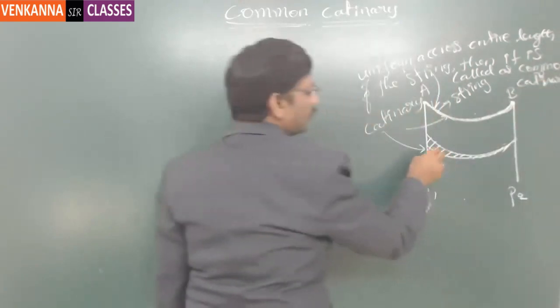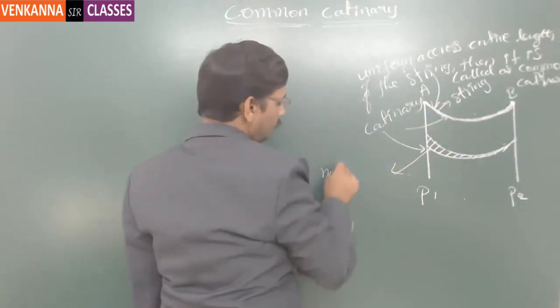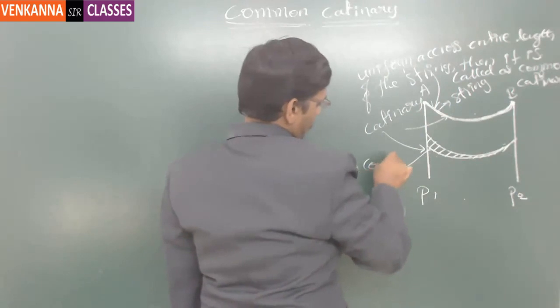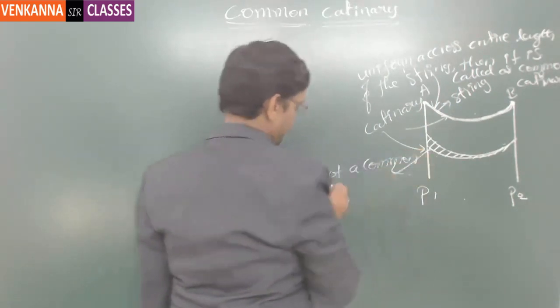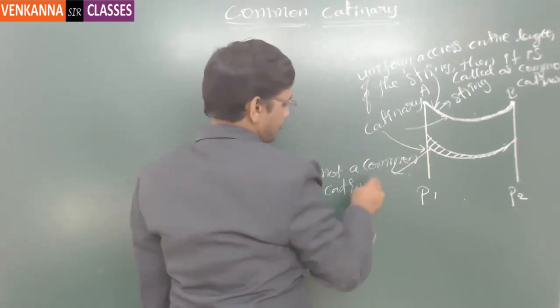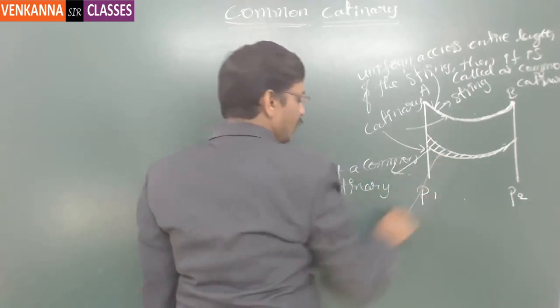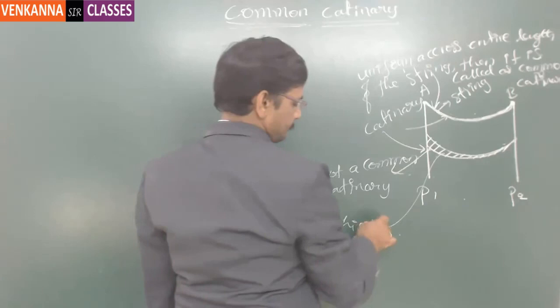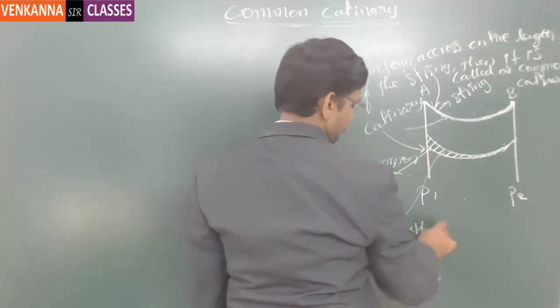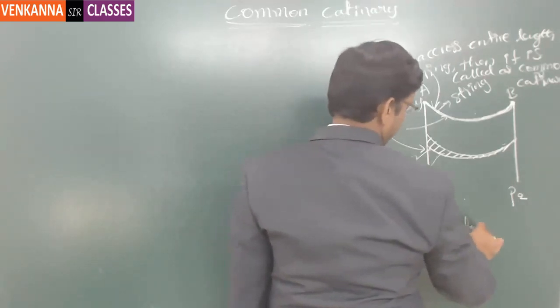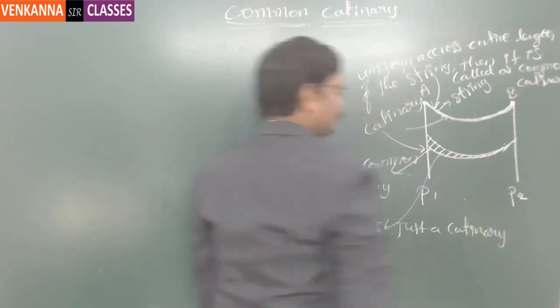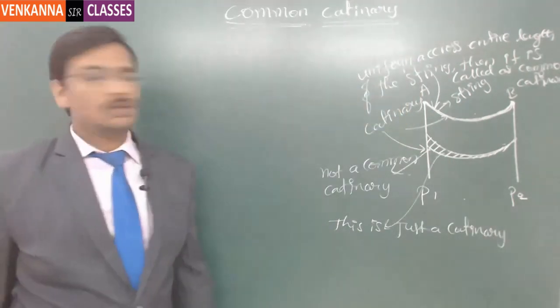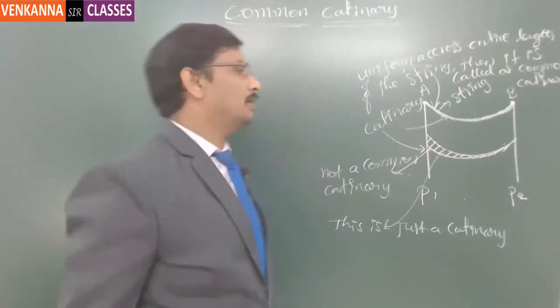So this one is not a common catenary, but this can be called just a catenary. Got it? A common catenary is also called a uniform catenary.